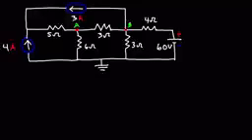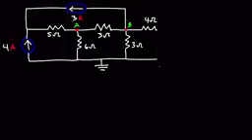So let's start with the 4 amp current source. We're going to replace the 60 volt power source with a short circuit, and we're going to replace the current source with an open circuit.